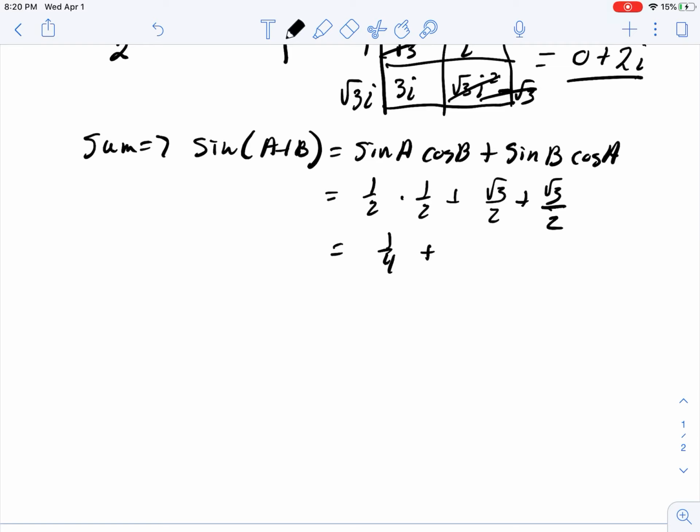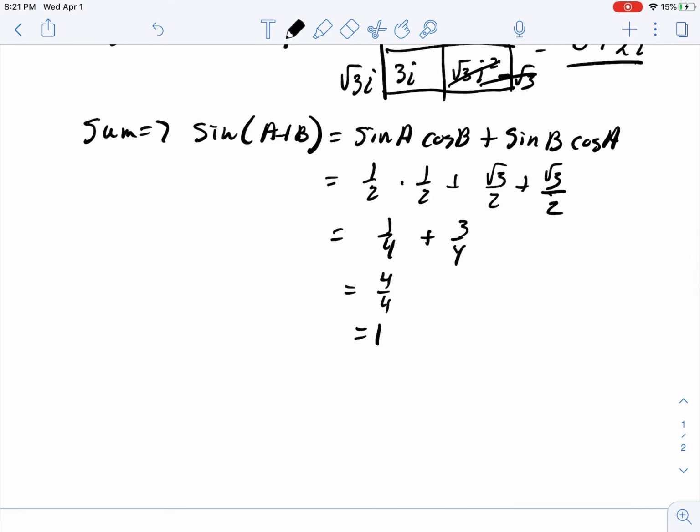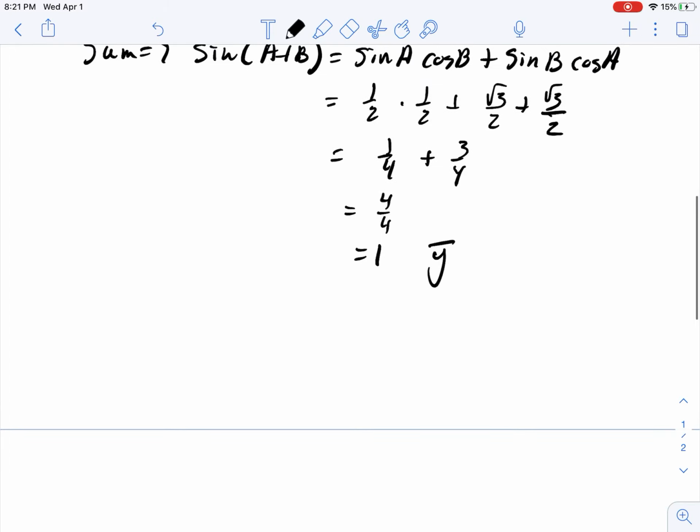So you have 1/4 plus 3/4, and notice you get 4 over 4, which is 1, your y component. And lo and behold, if I did cosine of a plus b, I would get 0 in my x component.